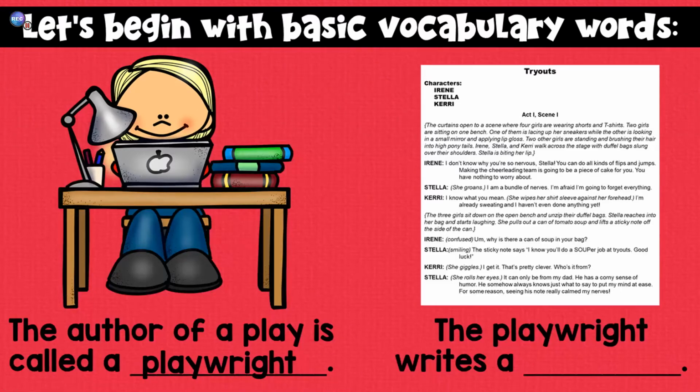When you hear a question like, what did the playwright do, or why did the playwright do this, that's what they're talking about. They're talking about the author. Okay, the playwright writes, and what do they write? They write a script. The playwright writes a script.